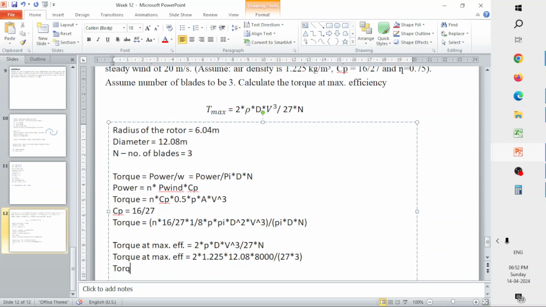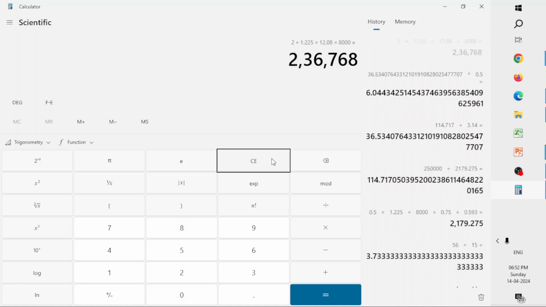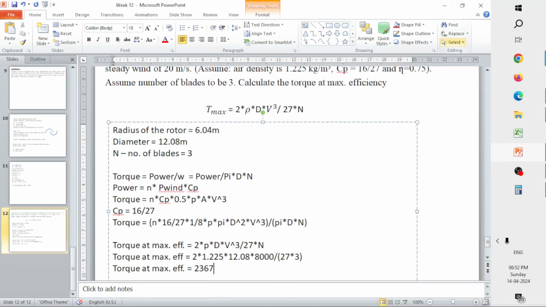So torque at maximum efficiency can be written as 2 times 1.225 times 12.08 times 8000, divided by 27 times 3, which is 81.